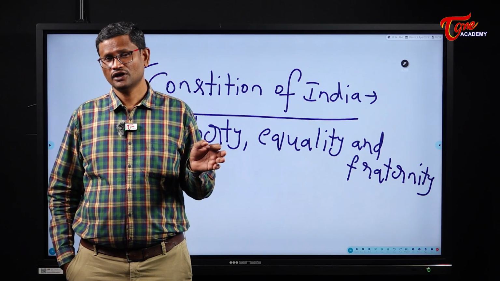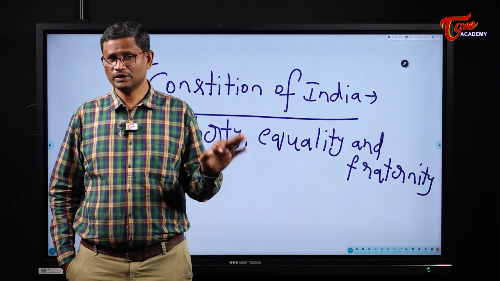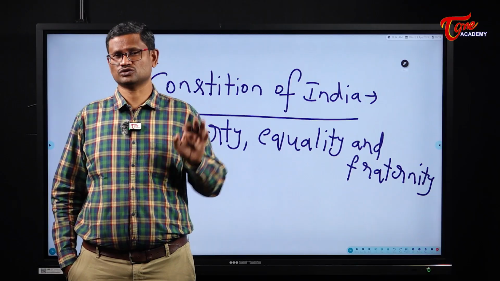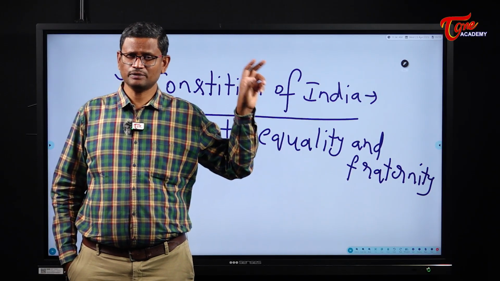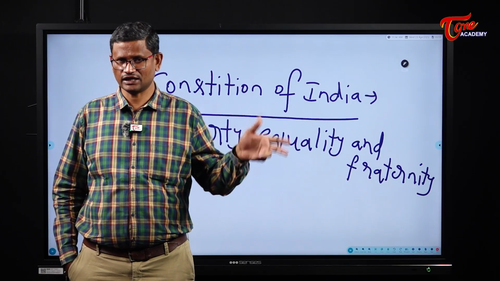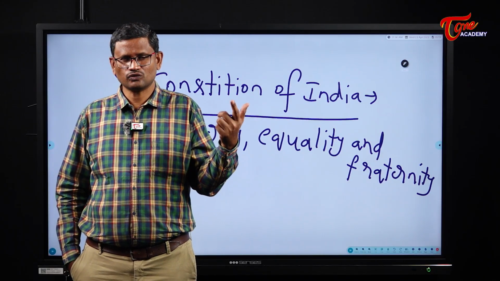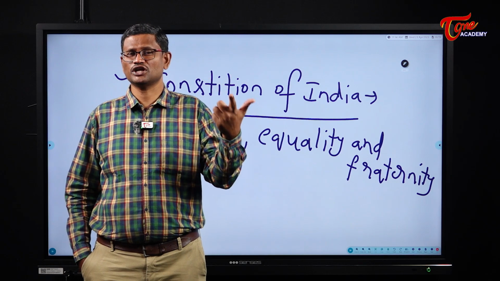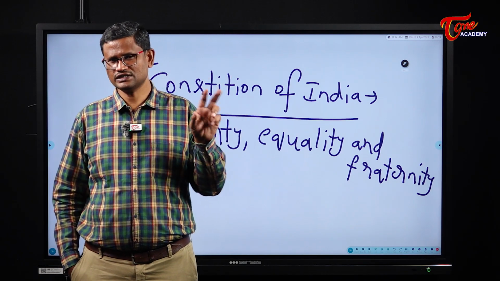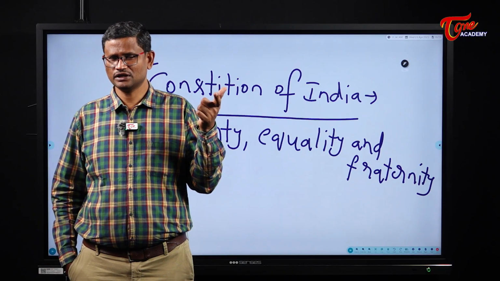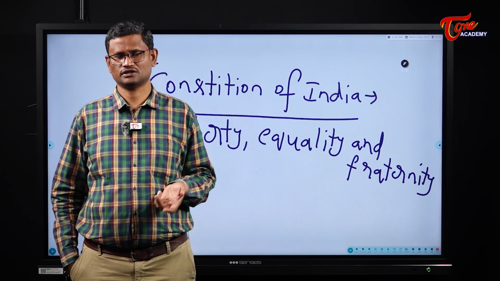And without liberty, equality would kill the initiative of individuals. And without fraternity, liberty and equality cannot help in promoting national unity. That's why he says all these three are equally important. We need liberty, we need equality, we need fraternity.